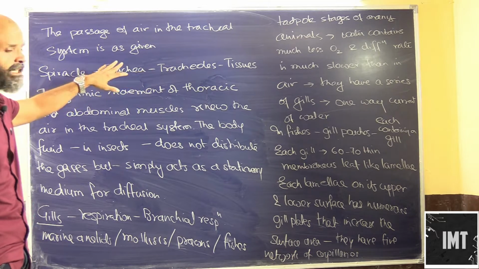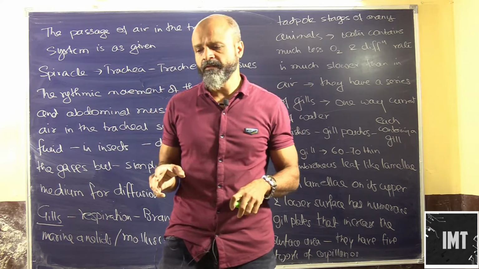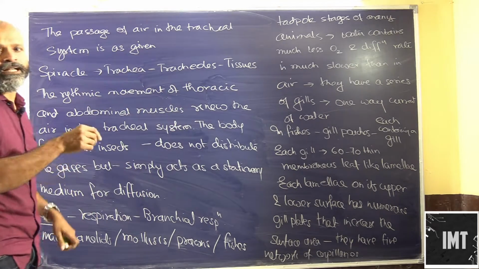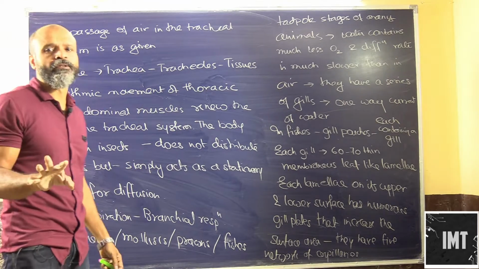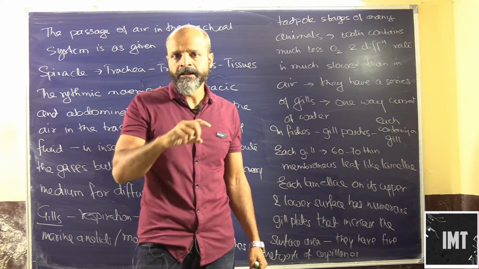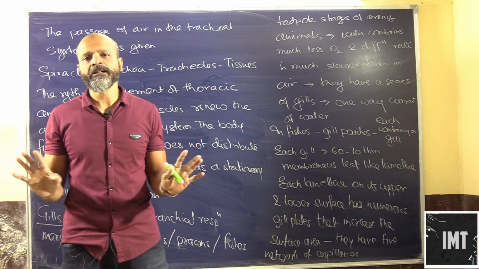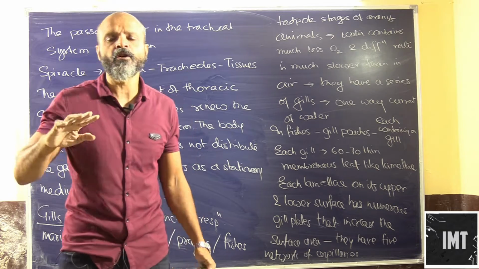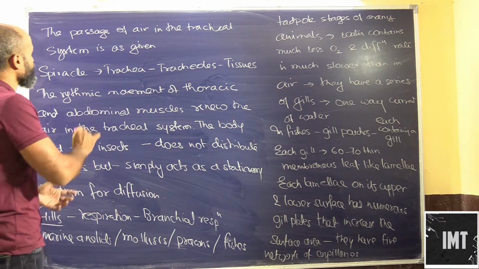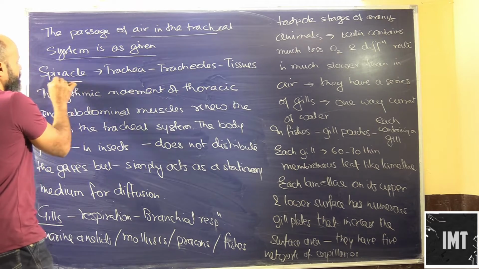Then we have the tracheal system, which is present in many arthropods, with a fine network of tubules. In our case, the body fluid takes part in respiration, but in insects with a tracheal system, the body fluid is not involved in respiration.